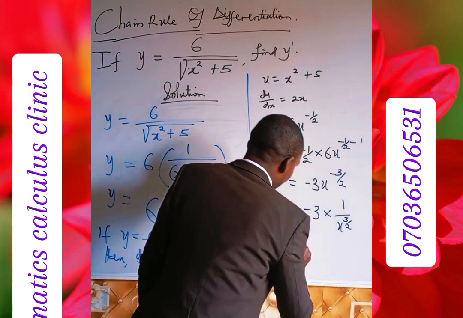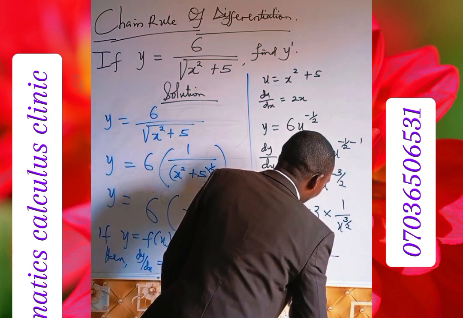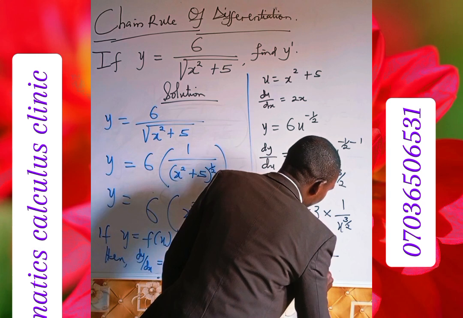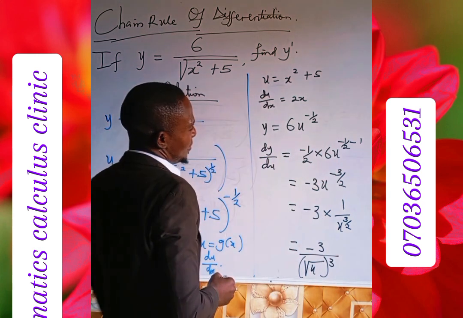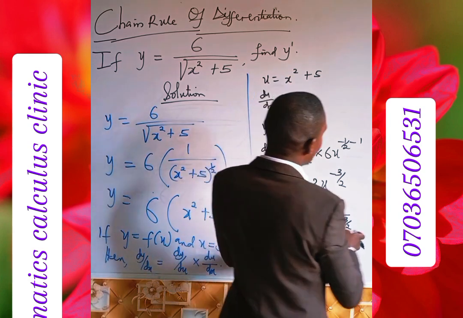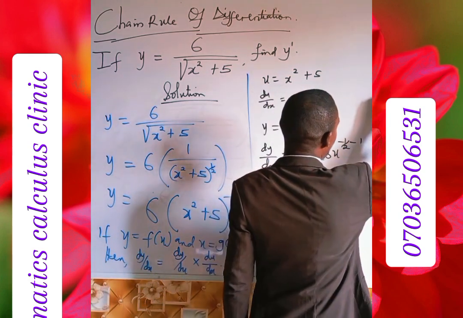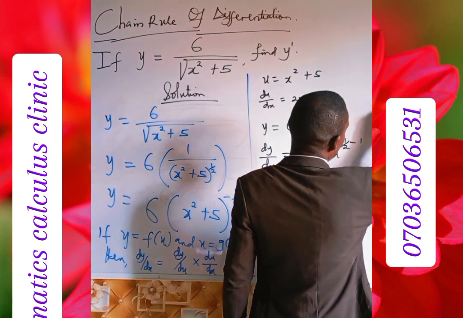Yes, this is the same as what? Minus 3 divided by square root of u, everything raised to power 3. What did I do here? Look at this. When you have something like this, a raised to power m divided by n is the same as what?